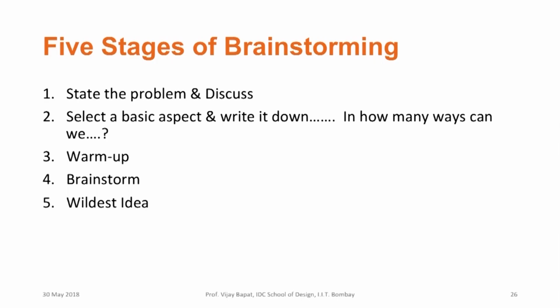So the basic 5 stages: state the problem and discuss. I am designing a device for a playground which is to be used by 3 kids. I'm making a statement. It should be discussed, and select basic aspects and write them down. There are various basic aspects.